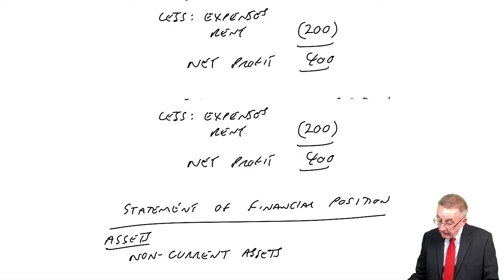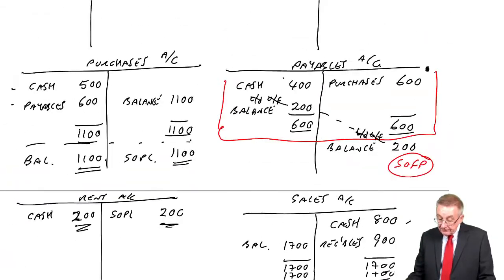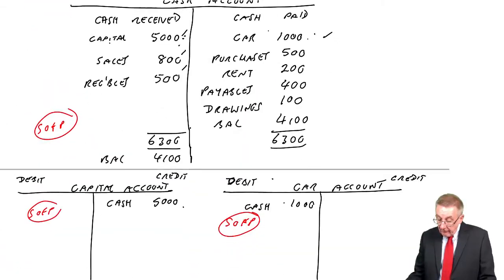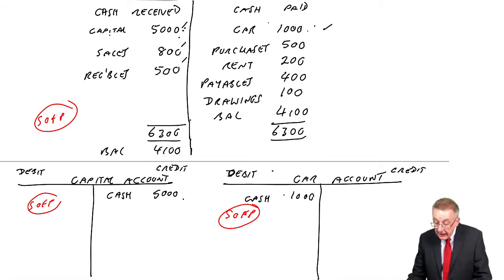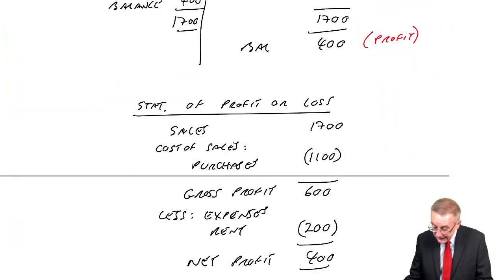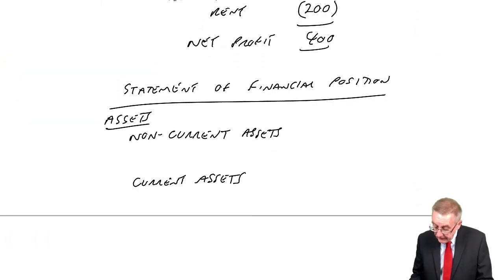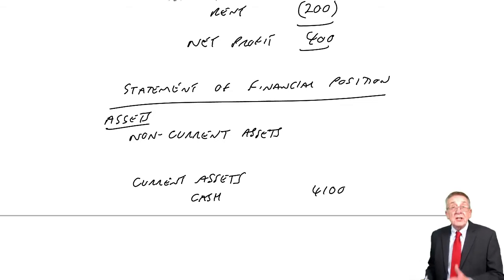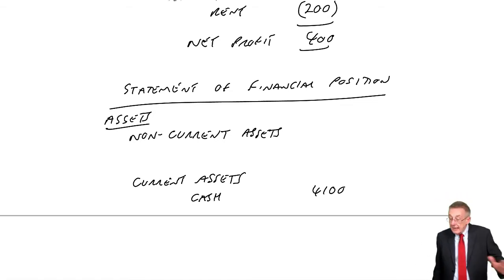What assets are there? Run through. Oh, there's a balance left on cash. That's a current asset. Let's list it. Cash, 4,100. I don't touch the balance. I leave the balance there.